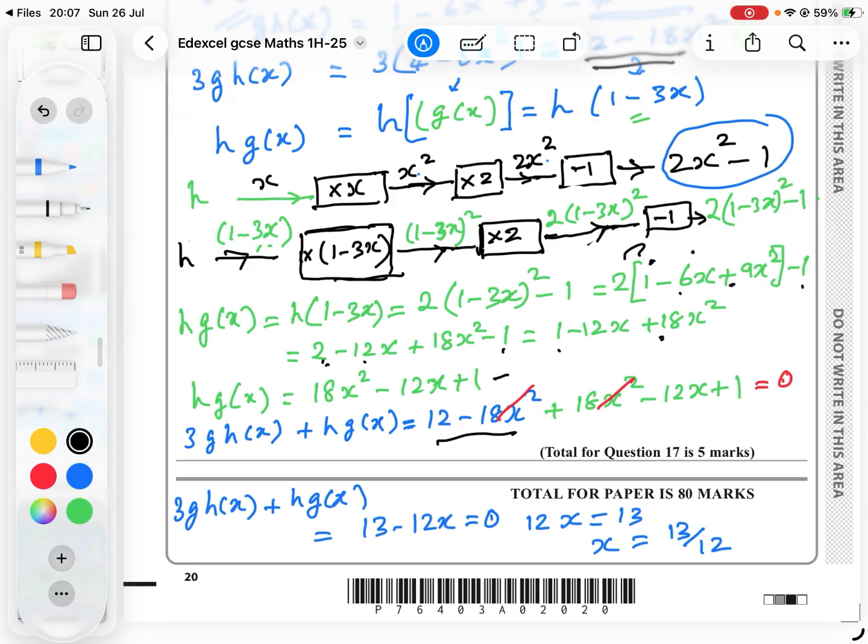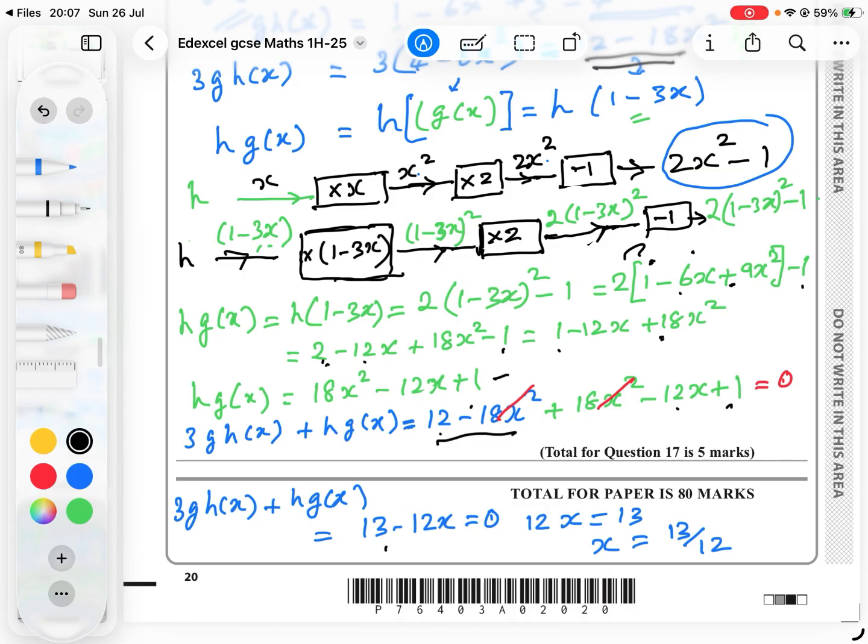So now 12 minus 18x squared plus 18x squared minus 12x plus 1 equals 0. That is your question. So the 18x squared and minus 18x squared cancel out. So you are going to have 12 plus 1, 13, minus 12x equals 0. So 12x equals 13, so x equals 13 over 12.